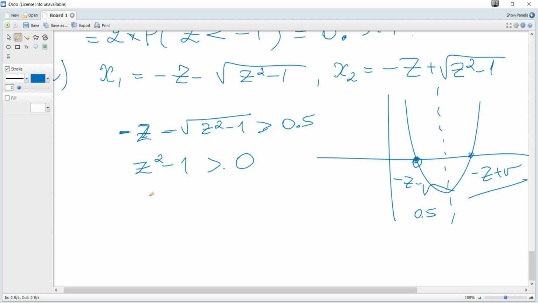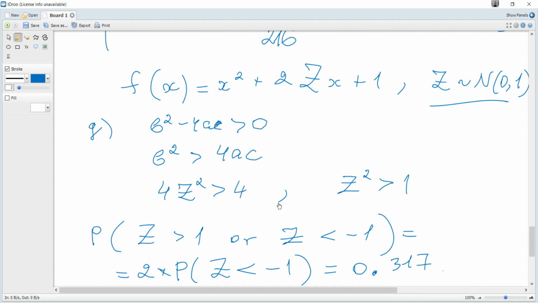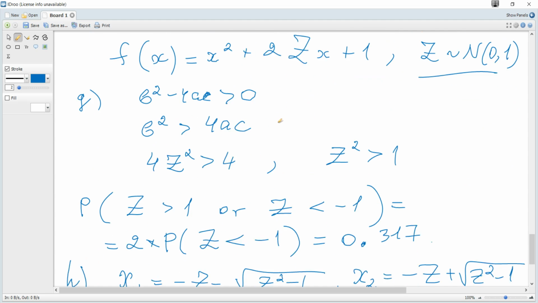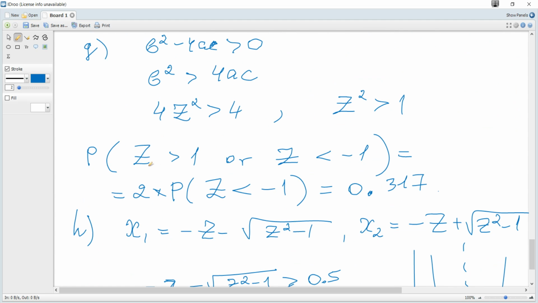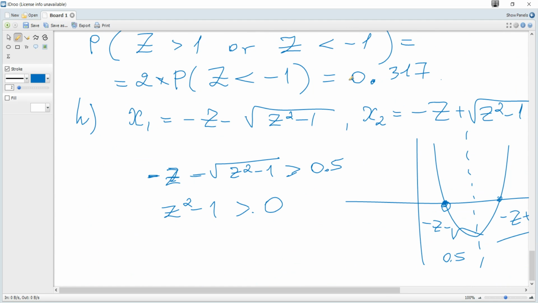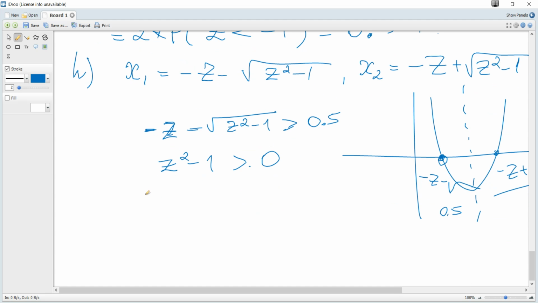It's the same as we use in this given, so this probability is 0.